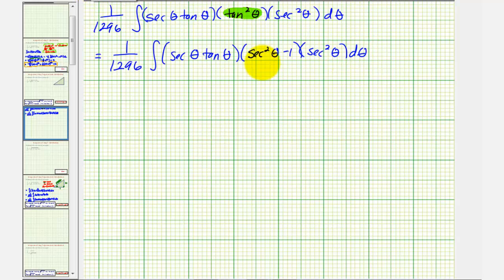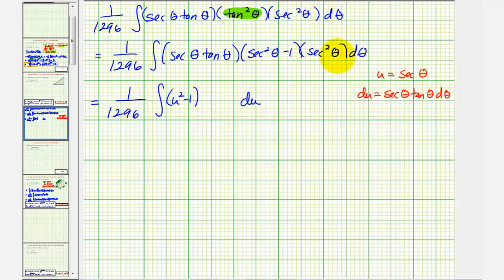So now if we let u equal secant theta, differential u is equal to secant theta tangent theta d theta. So now let's rewrite this in terms of u. Again, secant theta tangent theta d theta is equal to differential u. And then secant squared theta minus 1 would be equal to u squared minus 1.